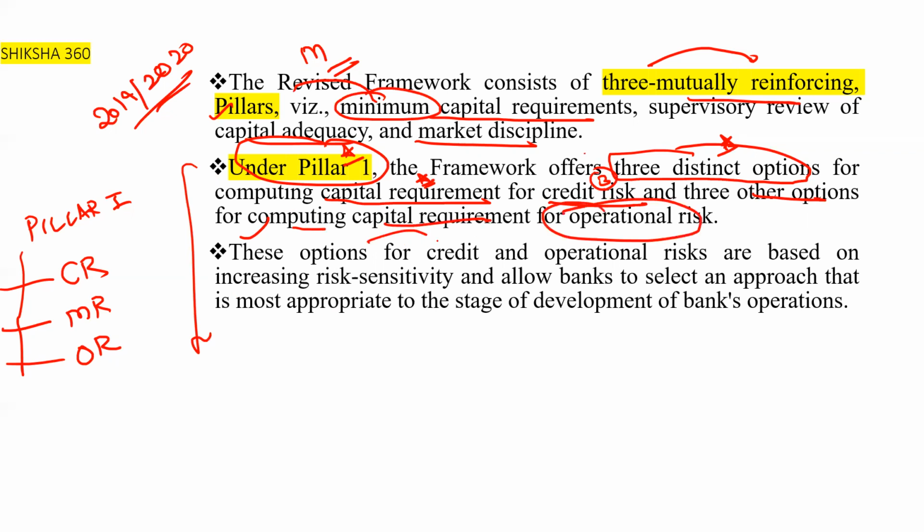These options for credit and operational risk are based on increasing risk sensitivity and allow banks to select an approach that is most appropriate to the stage of development of the bank's operation. There are three approaches for all these risks, and the bank has to select the most appropriate one.